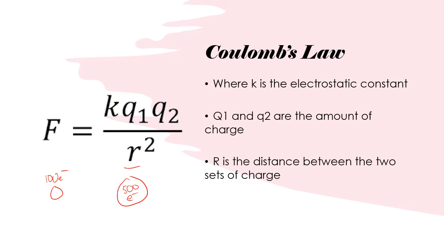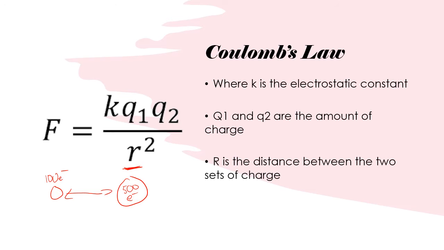r is just the distance between the two of them, okay? So if you have 100 electrons over here and 500 electrons over here, the further away they are from each other, the less force there's going to be, since r is in the denominator. You'll play around with this in the Coulomb's Law activity that I sent you. It's pretty quick, but pretty good for informing the differences between those two.